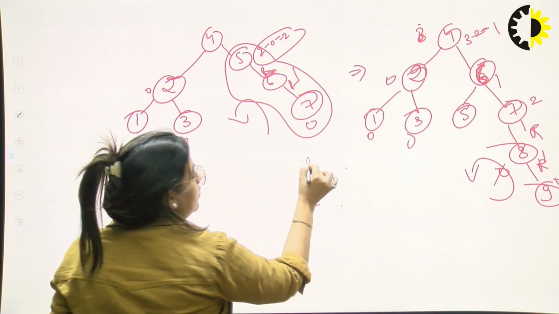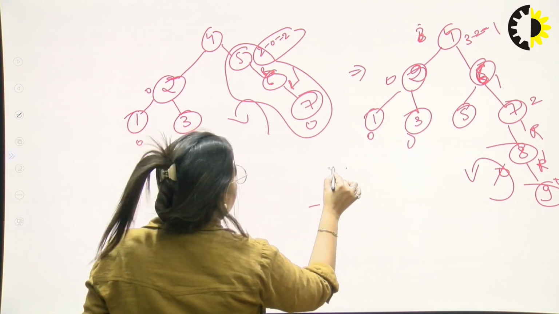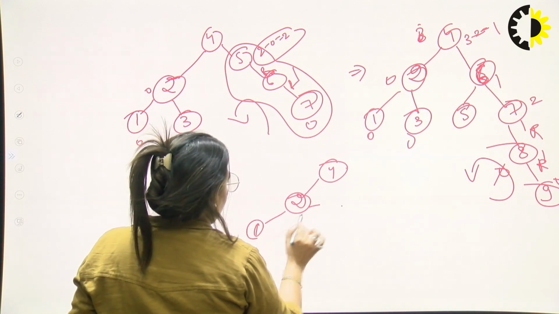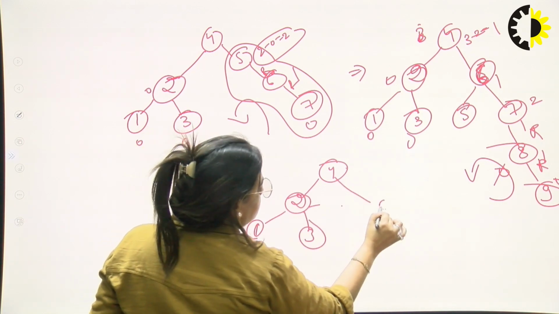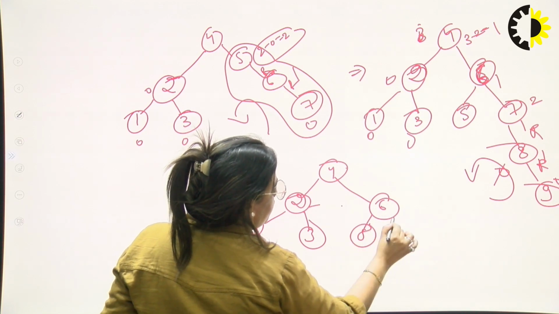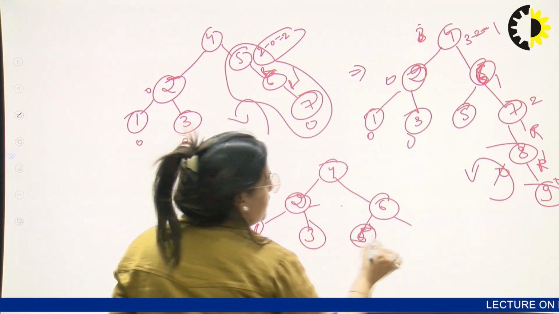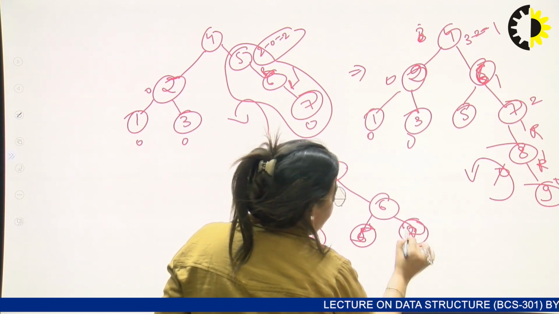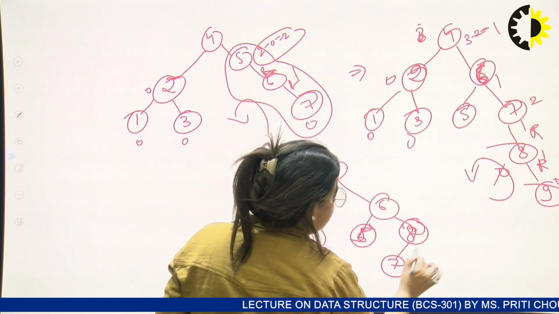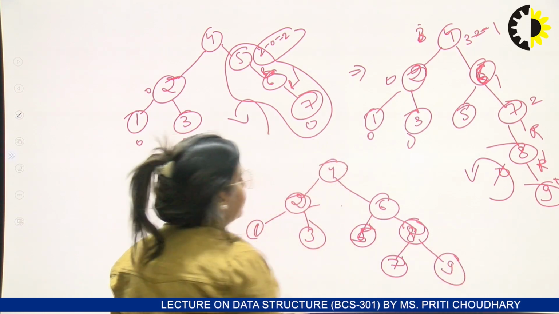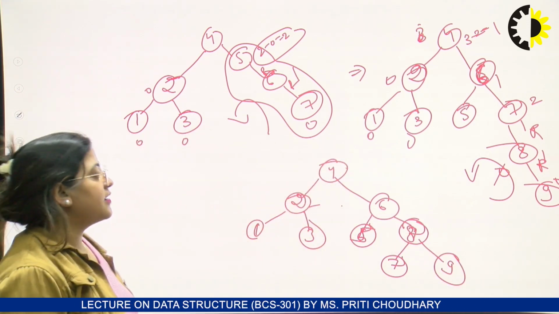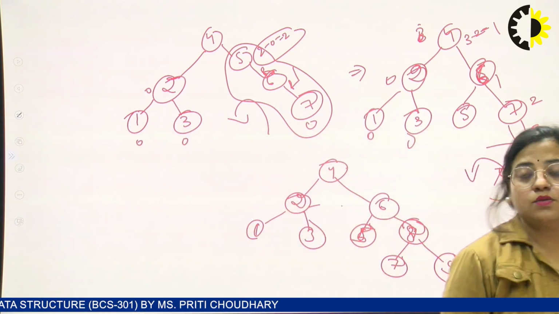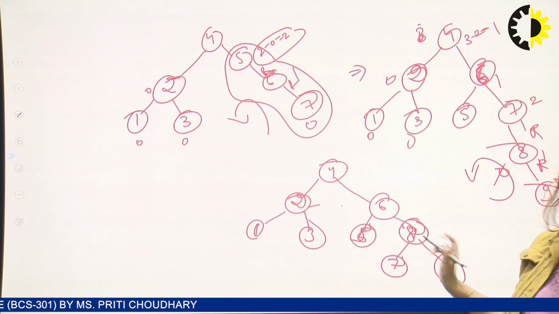So final answer is 4, 2, 1, 3, 6, 5. Now rotation is required here. So 8 anti-clockwise, 7 and 9. Now check again all node balance factors. So it is balanced.